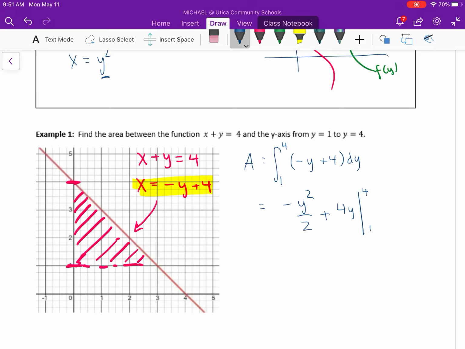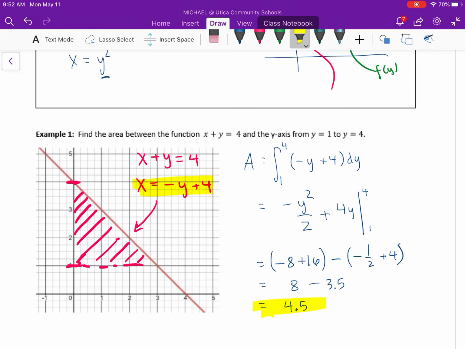When I plug in a 4, I get 16. So negative 16 over 2 is negative 8 plus 16, minus, and when I plug in a 1, I get negative 1/2, and then plus 4. So I have 8 minus 3.5, or 4.5.